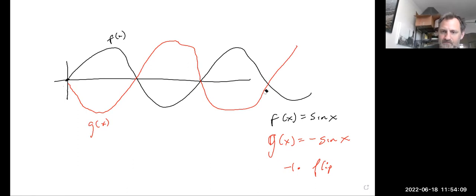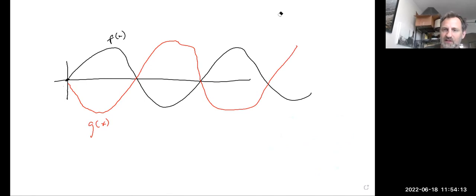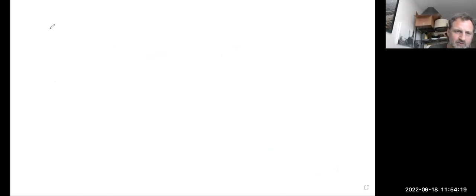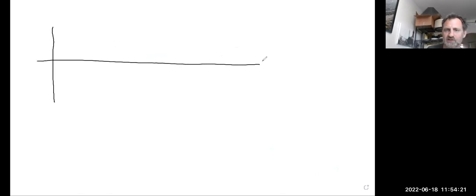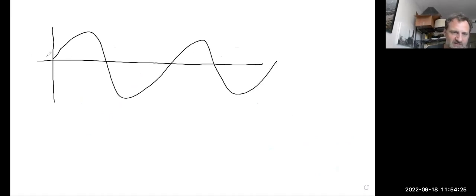Third, let's add in something with the midline, so a shift. Just clear this out. Then we're going to do some practice, kind of put them together. Okay, so again, here's my axes. There is a negative side to this, I'm just not drawing it. Okay, and so this is my f of x equals sine x.